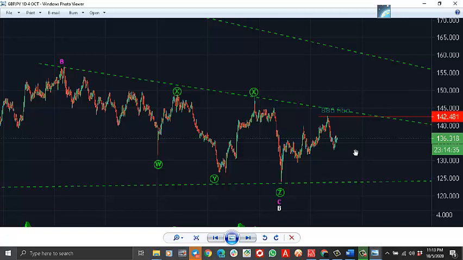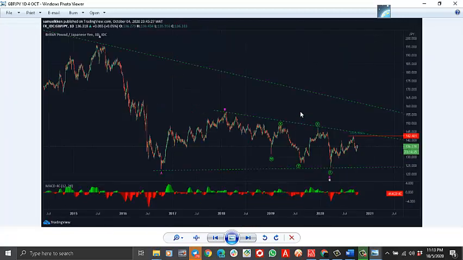If price keeps going down and breaks here, then it may come deeper. But as I see it, we might have price going up, even to 150. But this is a daily chart, so let's go to a lower time frame so that you see what is happening. Let's go to 4 hours.